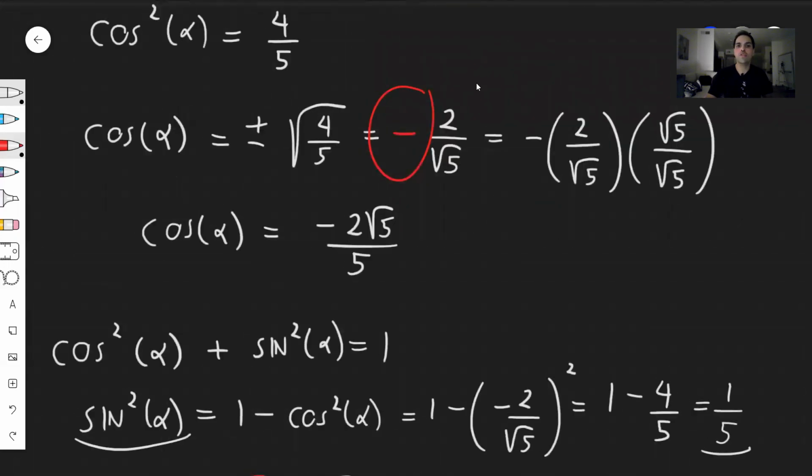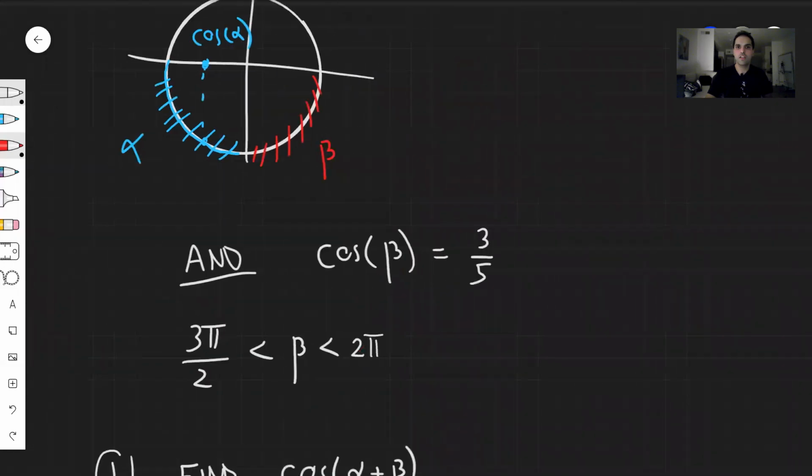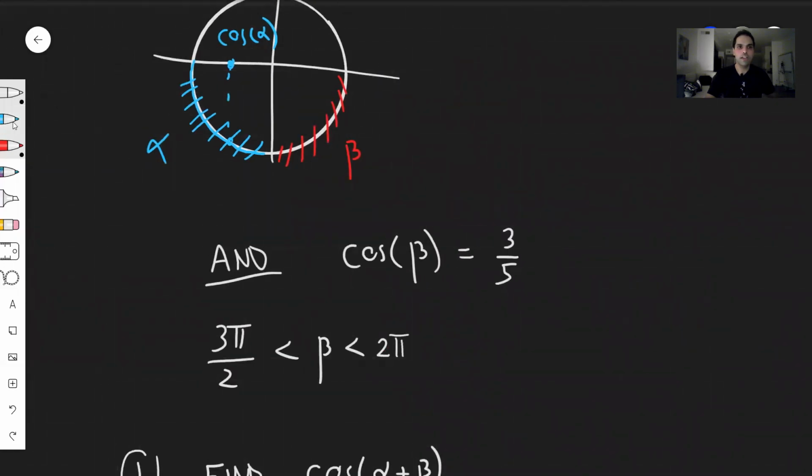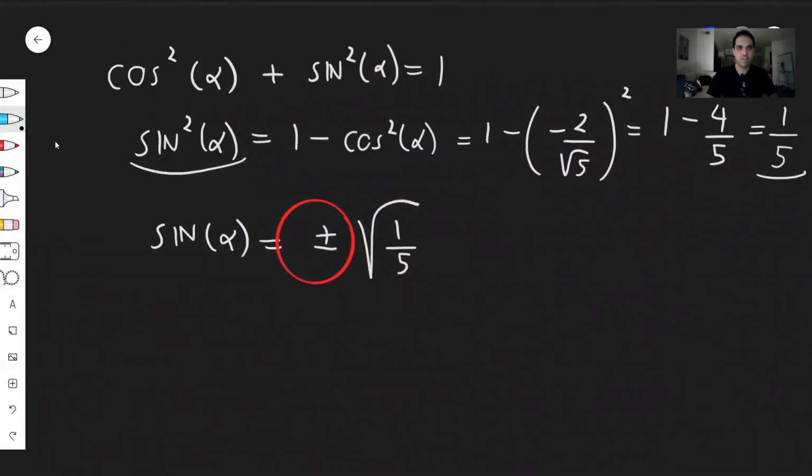Let's go back to a unit circle. Well, again, alpha is in this region. And in this case, remember, sine is the y-coordinate. So sine is negative. So the answer is again negative.